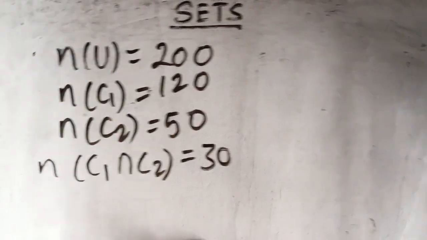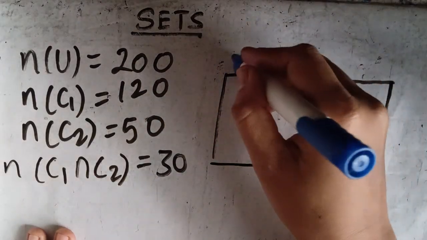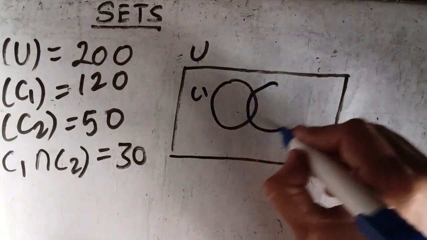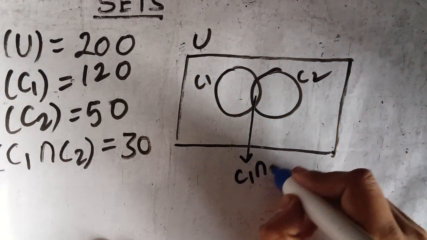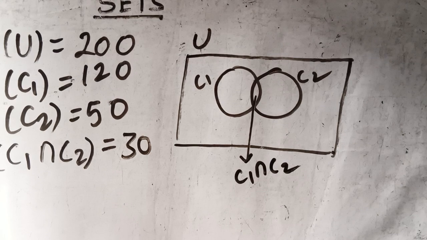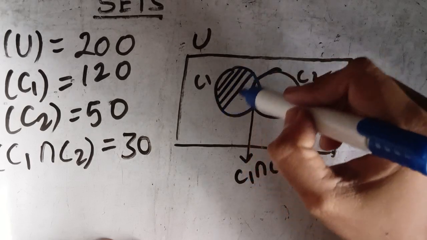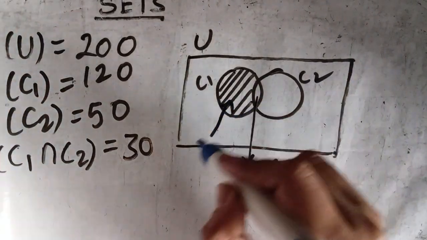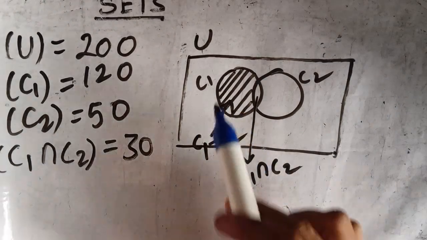So this can be solved by using a Venn diagram. If I draw a Venn diagram, this is U, C1, C2, and this is our intersection C1 intersection C2. Now the first question is chemical C1 but not C2, which means you have to find only this part. This and this are not included, so this part is nothing but C1 minus C2, meaning you are removing C2 from C1.